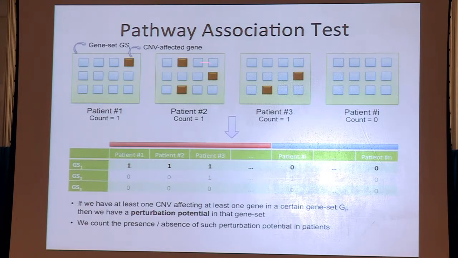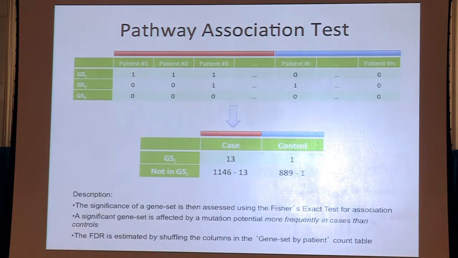So if there was one gene mutated in the pathway in a patient, you get a count of 1. If there are 3 genes, you get a count of 1. If there are 2 genes, you get a count of 1. And you get a count of 0 only if there's no gene. So basically, we're looking for pathways that were affected in any way or not affected in any way. Then we collected all that information and looked at the number of patients where a pathway was affected in cases versus controls.